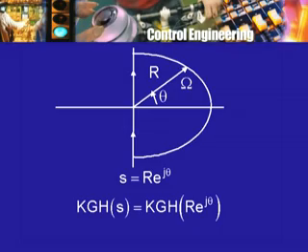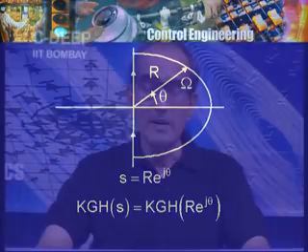Now, this is where we make use of the fact that this r is going to be a large number, and we will come to understand what is meant by large and why. Now, if you recall our root locus method, one of the rules that Evans had given was the following: to find out whether a point in the complex plane lies on the root locus, you have to apply the angle criterion.